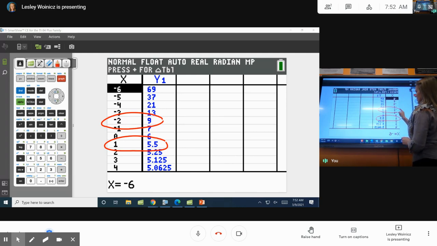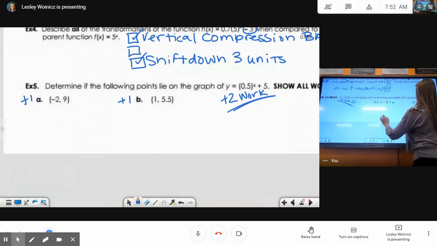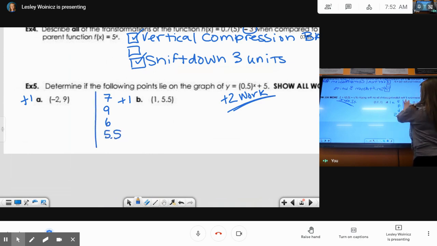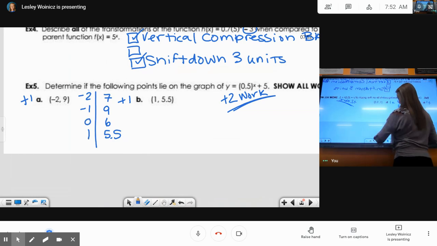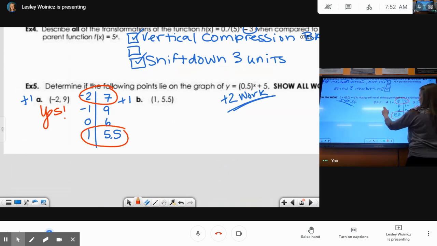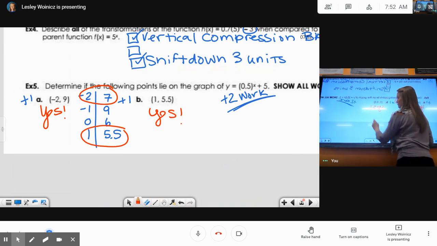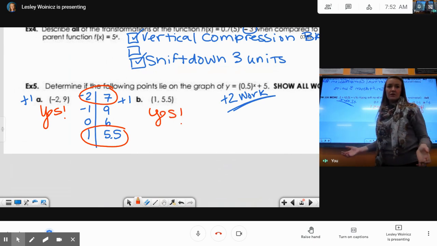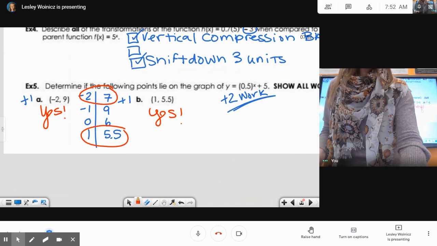So it goes 7, 9, 6, 5.5, and this was -2, -1, 0, and 1. So we have this one and we have this one. So this is a yes and this is a yes. Ta-da! That's the end of the notes.